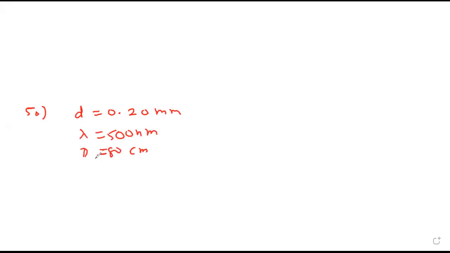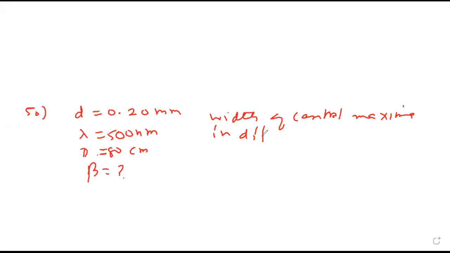That is capital D. Width of central maxima in diffraction is beta equals twice lambda divided by d.